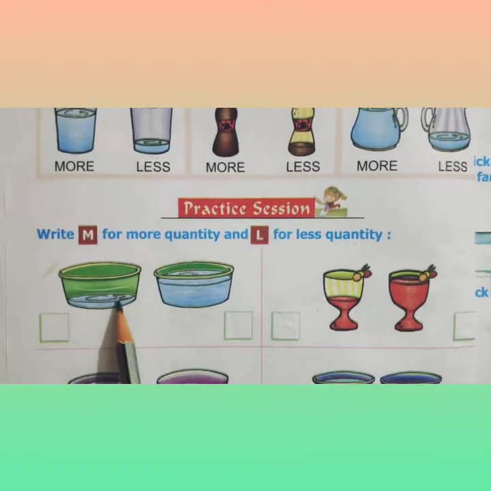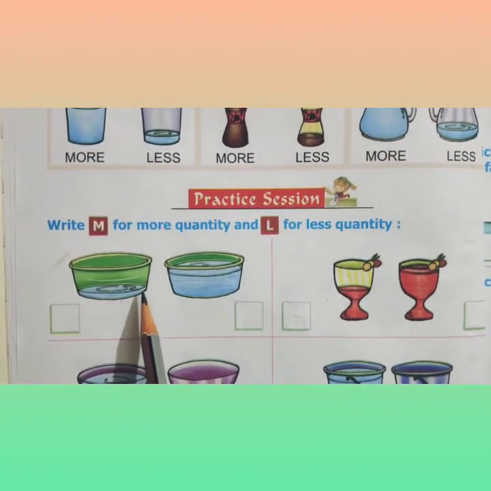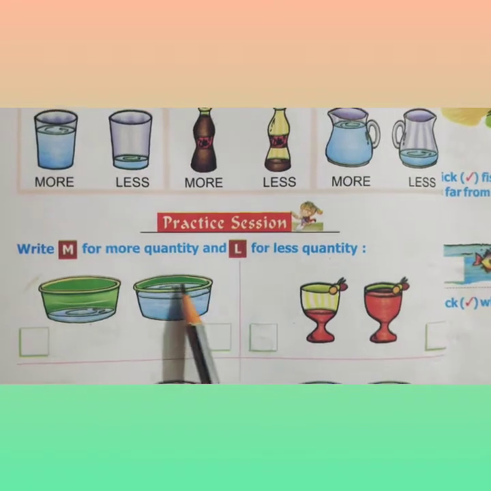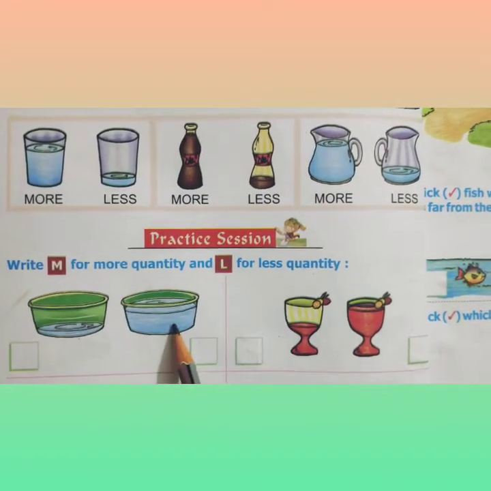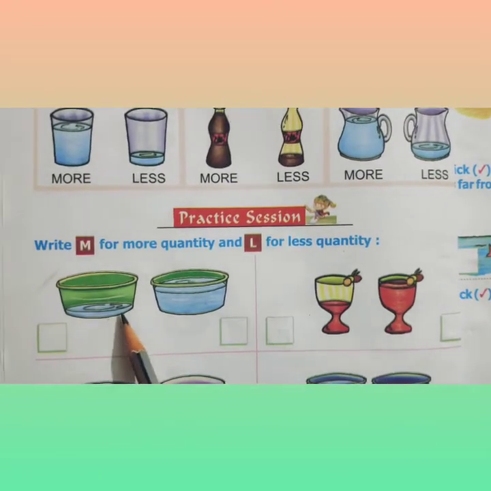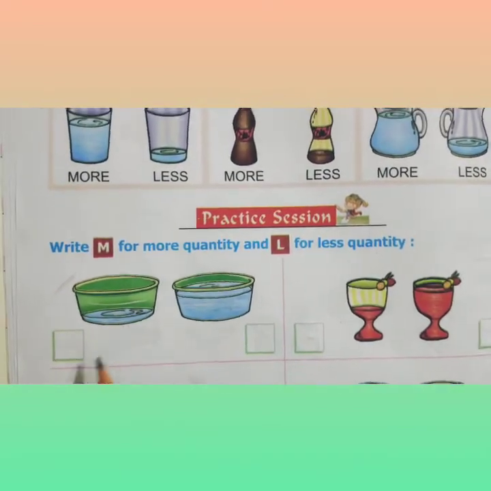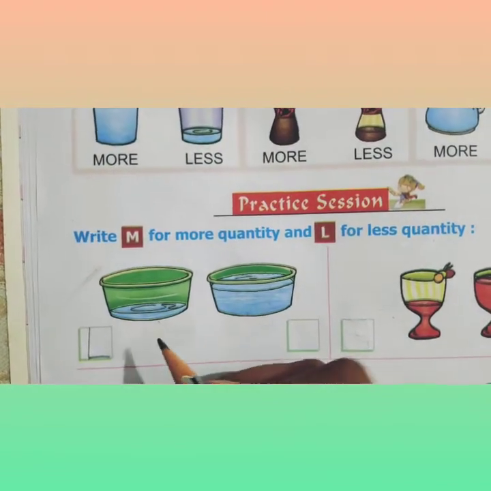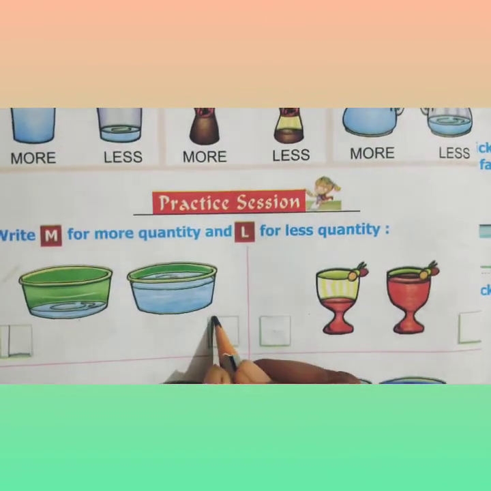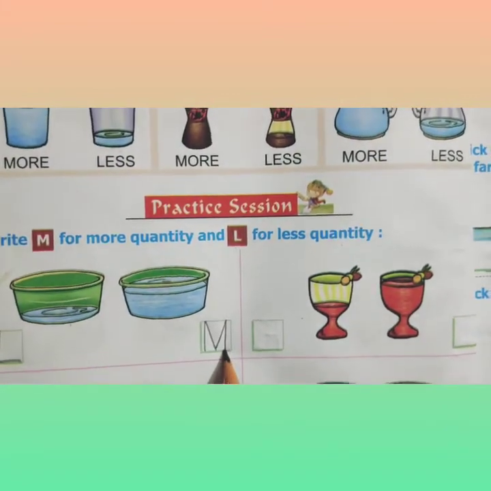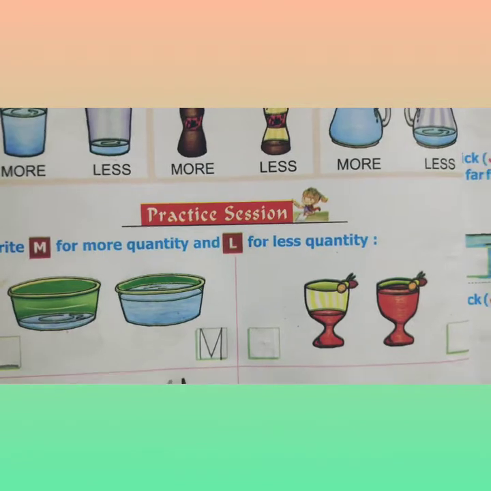The first bucket is filled with less quantity of water and the second bucket is filled with more quantity of water. You can see and judge. Now you will write L for less quantity and you will write M for more quantity.